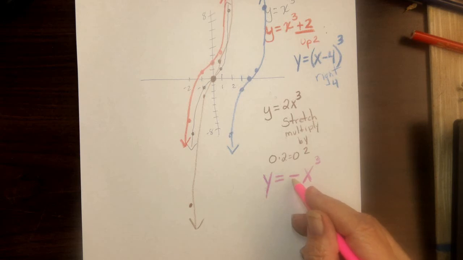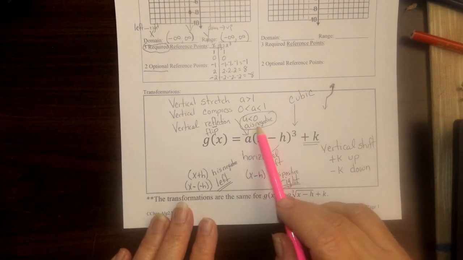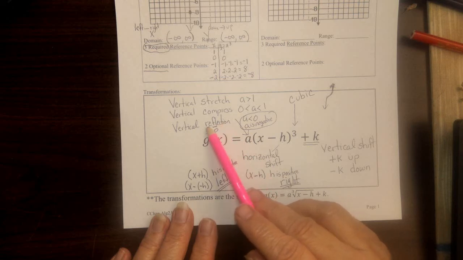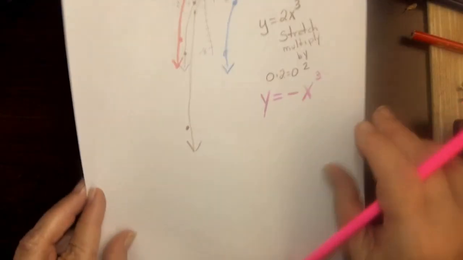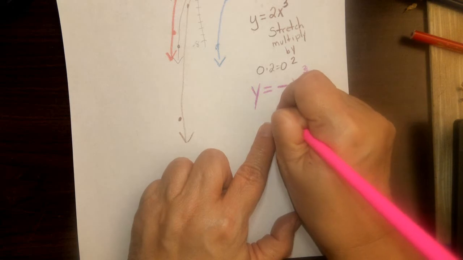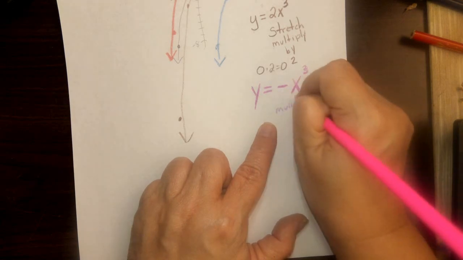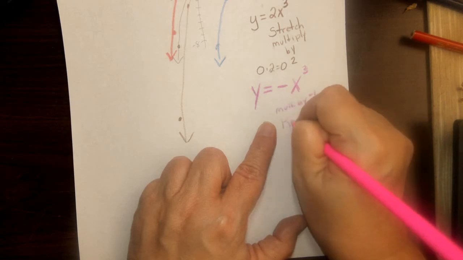Okay, this negative right here, you look back on the notes, when a is negative, it's called reflection. It's going to flip. So watch what's going to happen point by point. This negative x, what we're really doing here is we are multiplying by negative 1. And it's going to do a reflect.